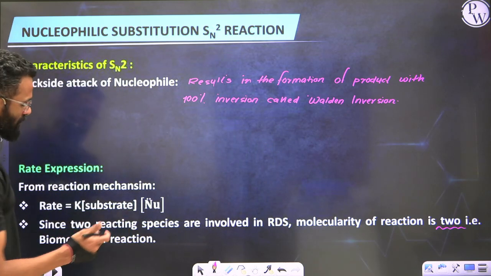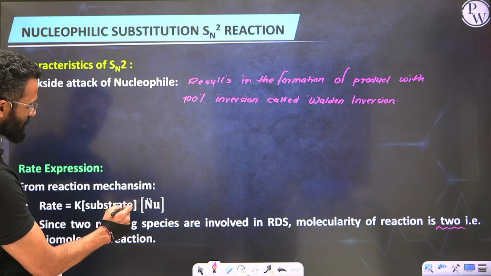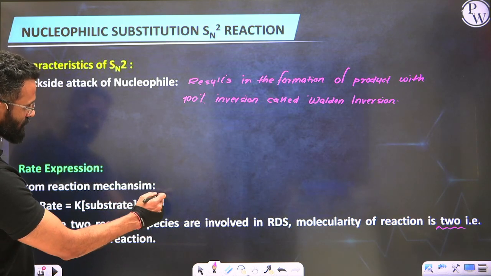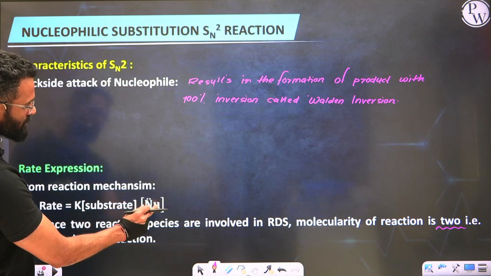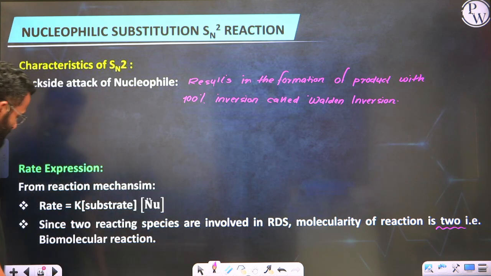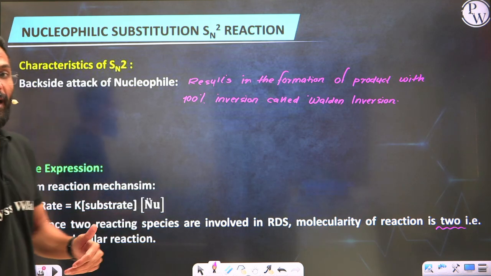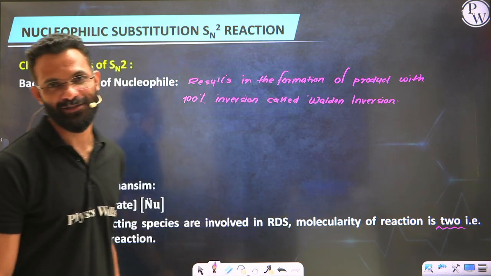Also, for the concentration of substrate, nothing is written, meaning substrate to the power 1, concentration of nucleophile to the power 1, meaning with respect to substrate it is first order, with respect to nucleophile it is first order. Overall, it is a second order reaction. So SN2 is bimolecular as well as a second order reaction mechanism.